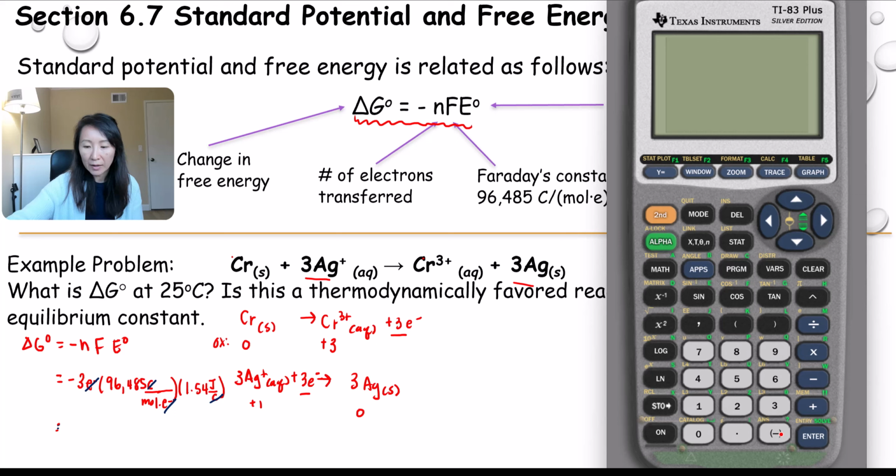We have negative 3 times 96485 times 1.54, and that gives me negative 445760.7.